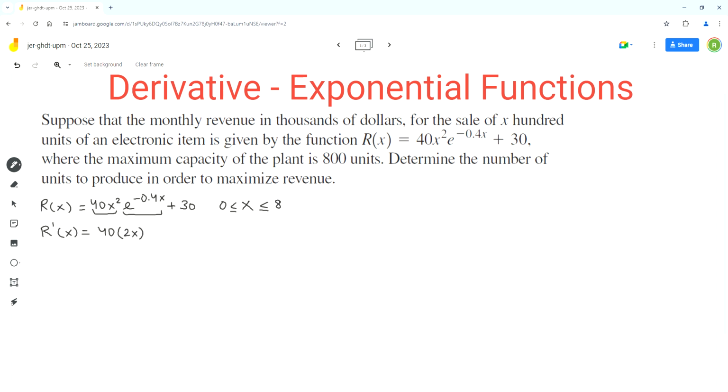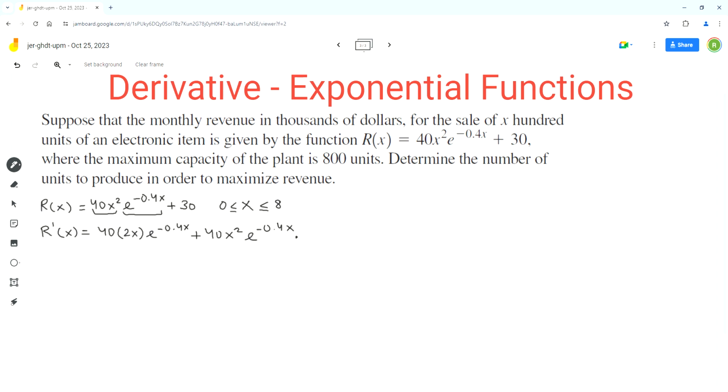times the second function, plus the first function times the derivative of the second function. For the exponential function, the derivative will be the e term itself times the derivative of the exponent.